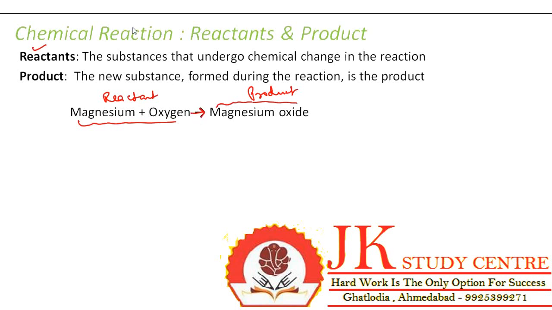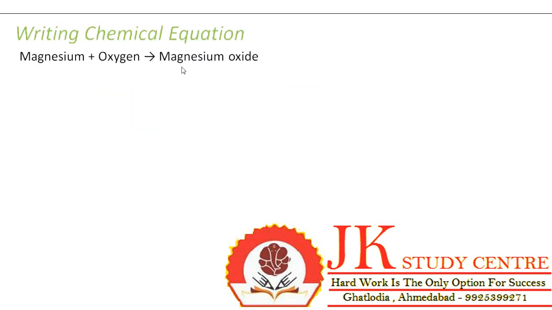Because this is a chemical reaction, we'll write a chemical equation for the same thing, and I'll tell you why we'll write a chemical equation. So magnesium and oxygen react to form a product called magnesium oxide. This is a typical example of a chemical reaction where reactant is converted into product. Why do we need a chemical equation?